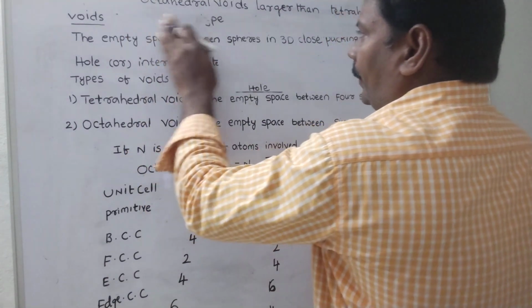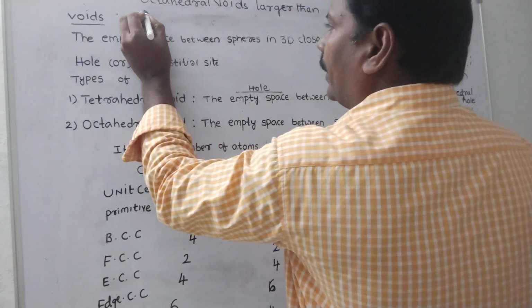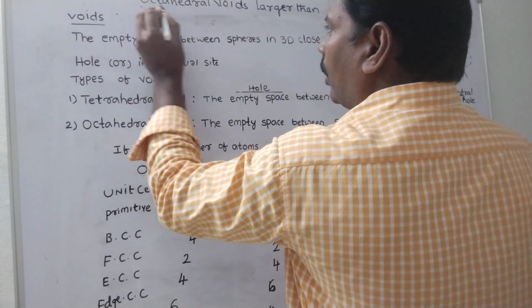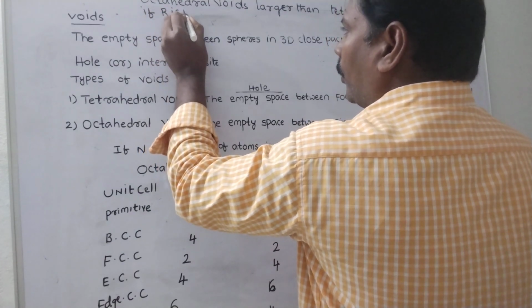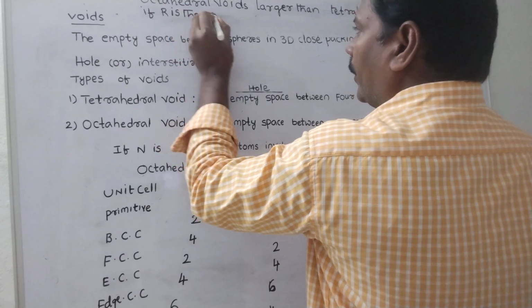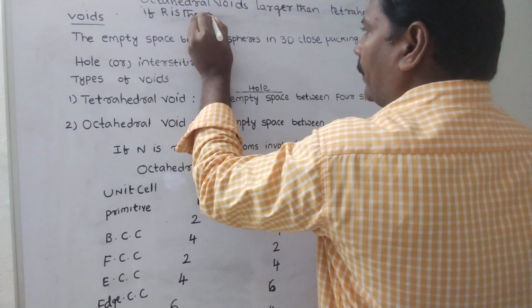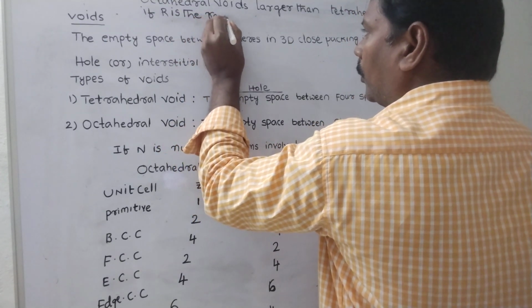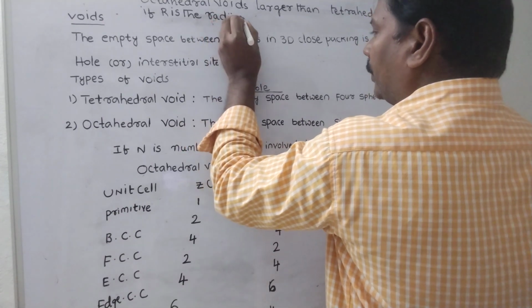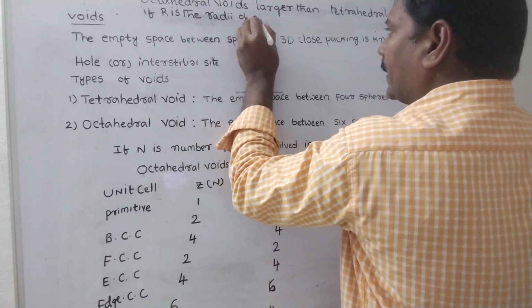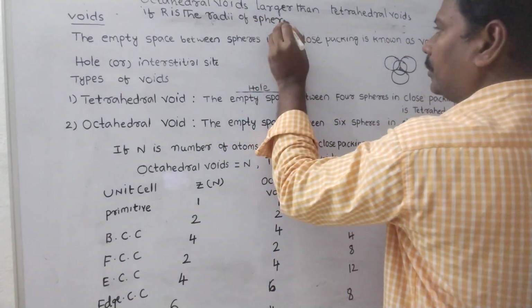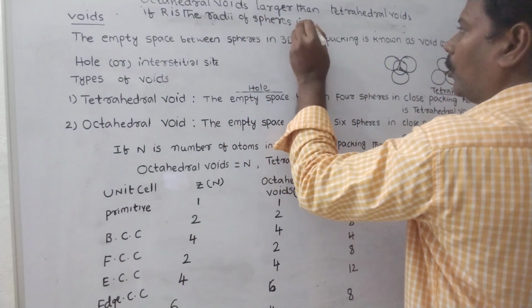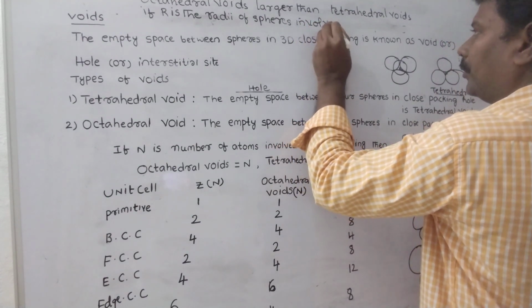Suppose capital R is the radius of the spheres involved in close packing.